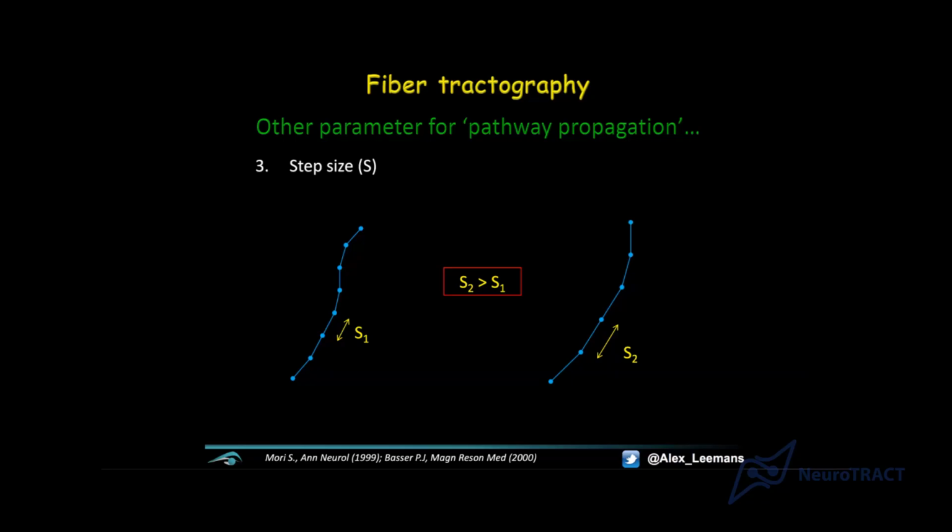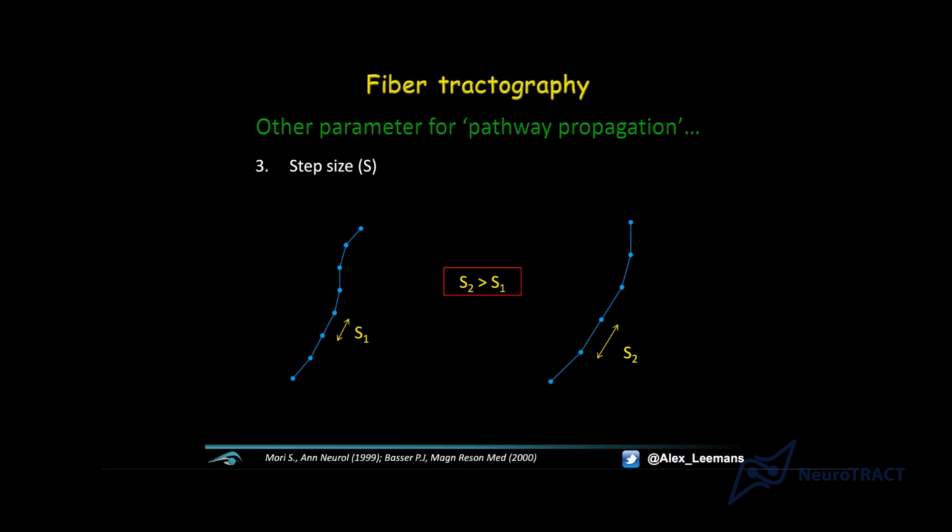And then step size, like I said, ideally as small as possible, but obviously you can imagine that if you take a step size which is really, really small, from a computational point of view it would take a long time. It's linear in time with step size. So the question is, how small is small enough? Well, we're looking at voxels that have roughly a size of 2 by 2 by 2 millimeters.